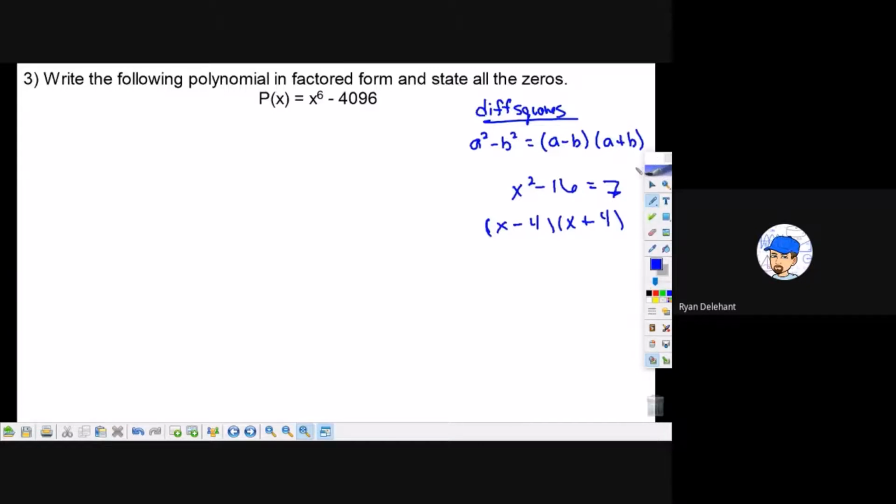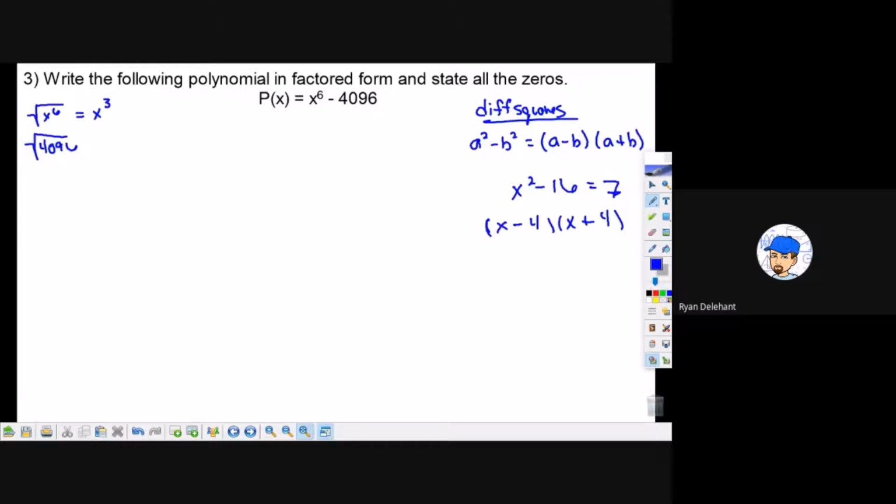Now we can apply that to stuff bigger than squared, because all this formula states is if I can take the square root of both parts of this, then I can use this formula. Meaning, what happens if you take the square root of x to the 6th? You split the power in half, and that gives you x to the 3rd. What is the square root of 4096?